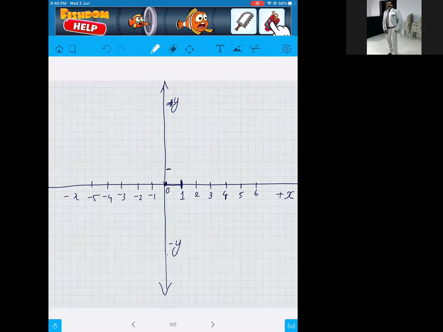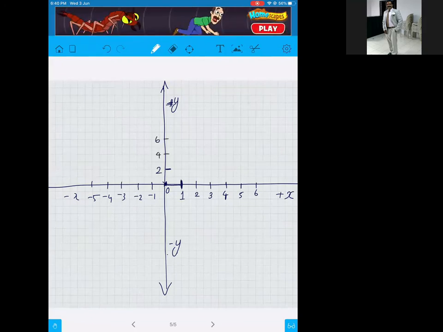Then on the y-axis also I'm taking 2 divisions each: 2, 4, 6, 8, 10, 12.